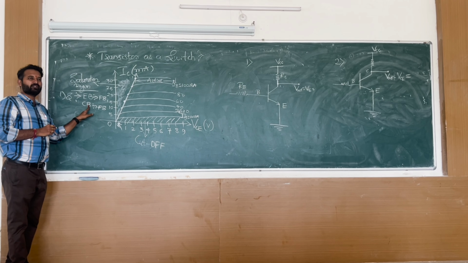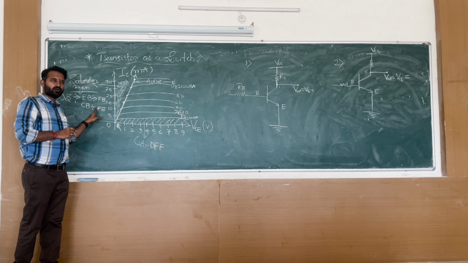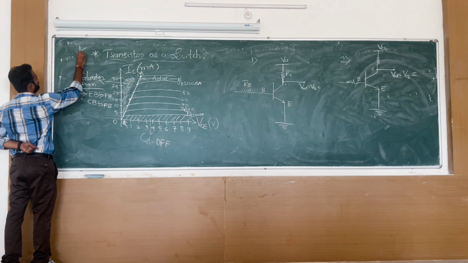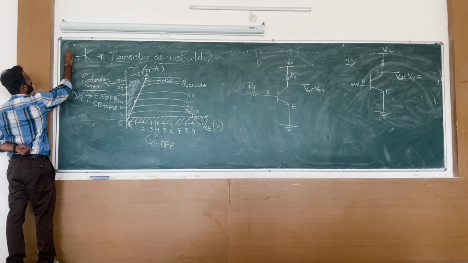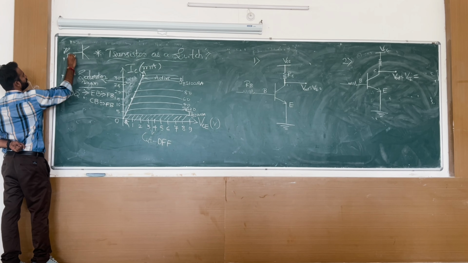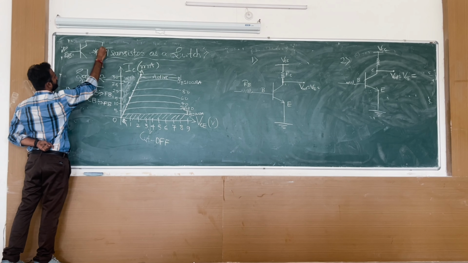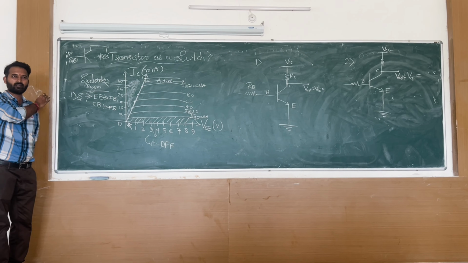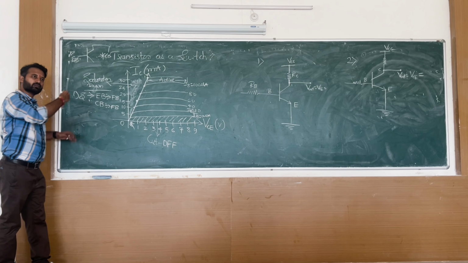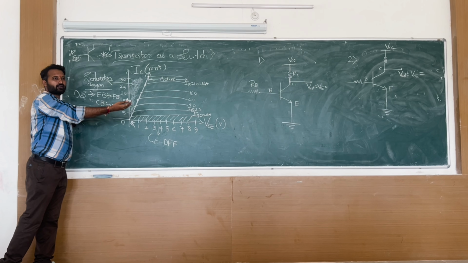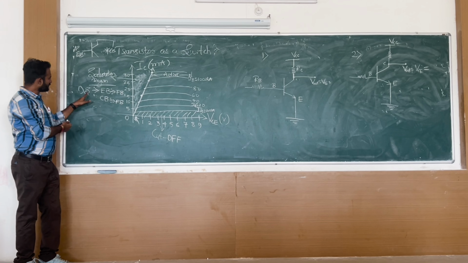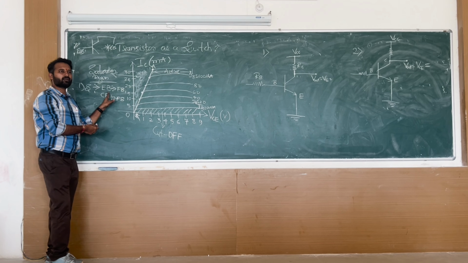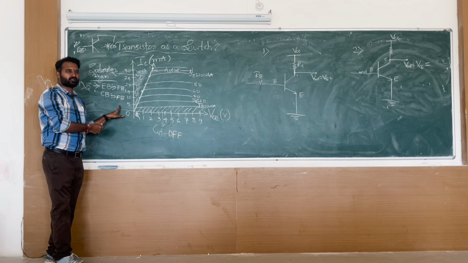In a circuit implementation, on this side I have the input, the emitter base junction, and on the right side the collector base junction. In the saturation region, both junctions are under forward bias condition.